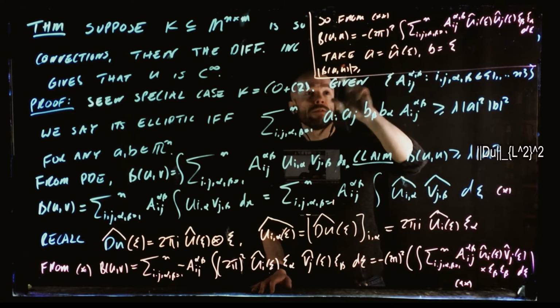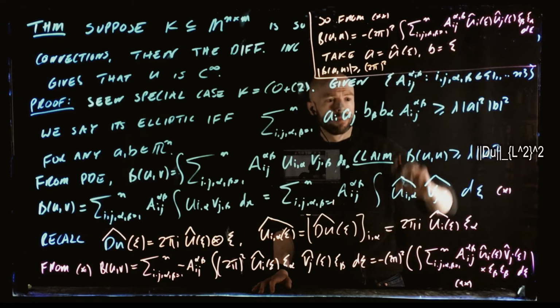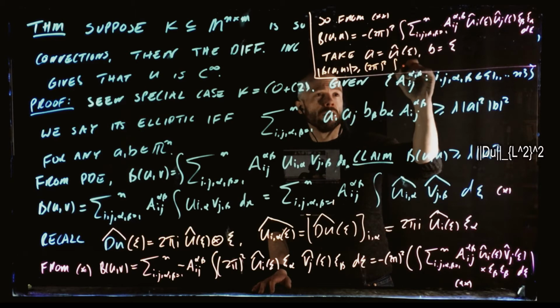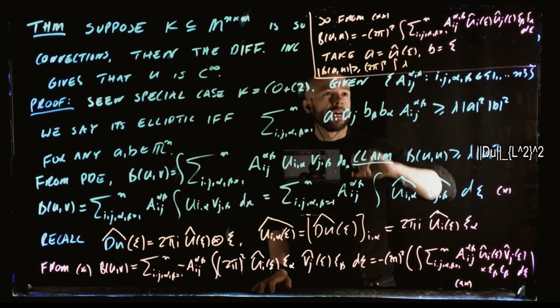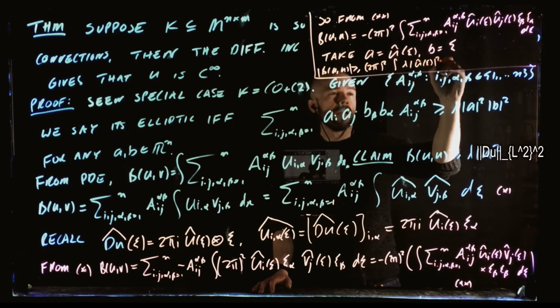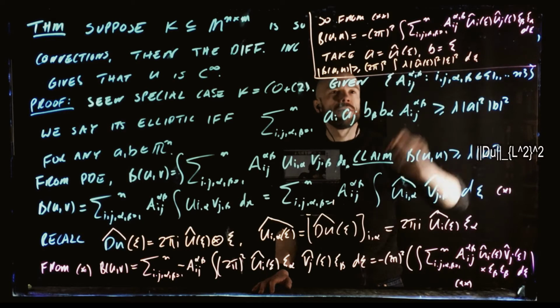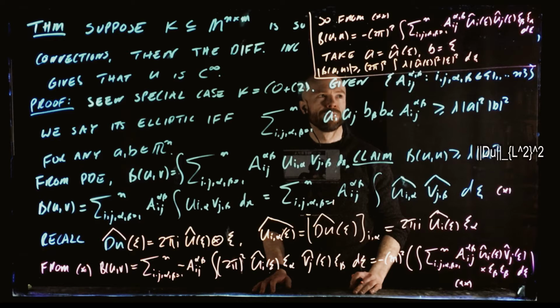So the absolute value of this thing is bigger than 2 pi squared, and then by this inequality, the integral of lambda of u tilde like this squared, psi squared d psi like this.